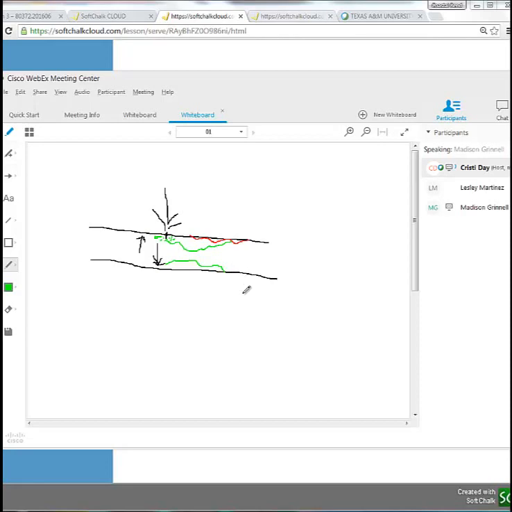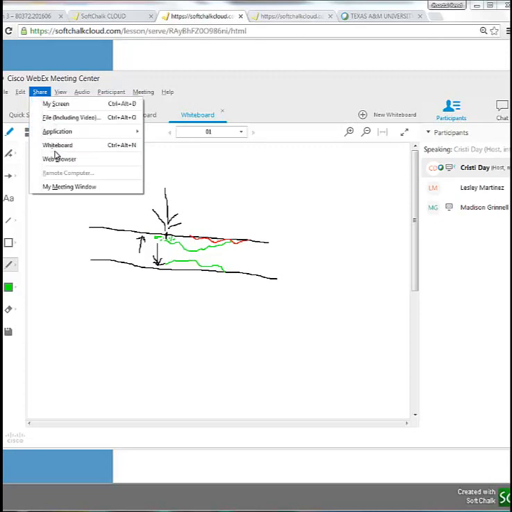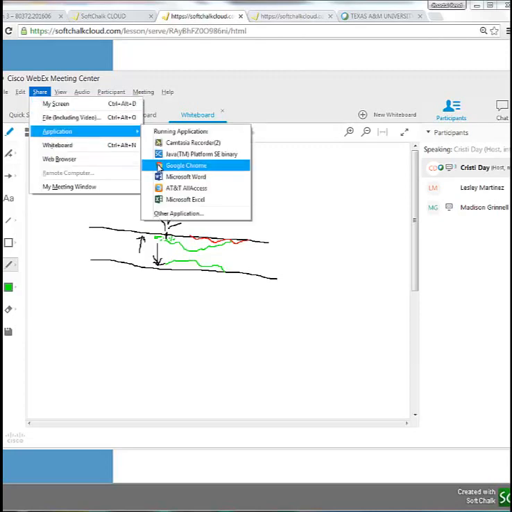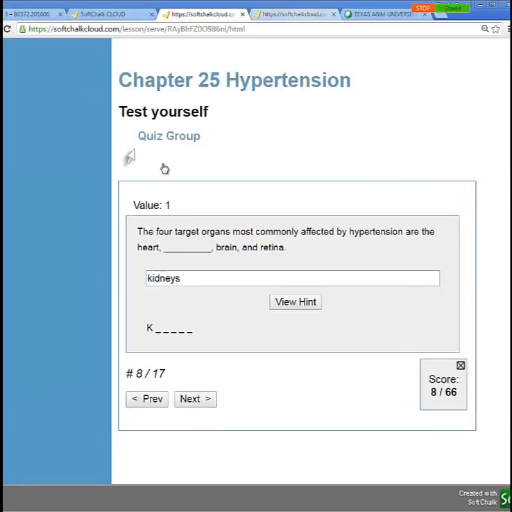Okay, so the reason that I was talking about that was because the question was, let me see, application, and let's just answer that one question. Did it even make any sense? The 4 target organs most commonly affected by hypertension are the heart. The hypertension has caused atherosclerosis in all of these organs.